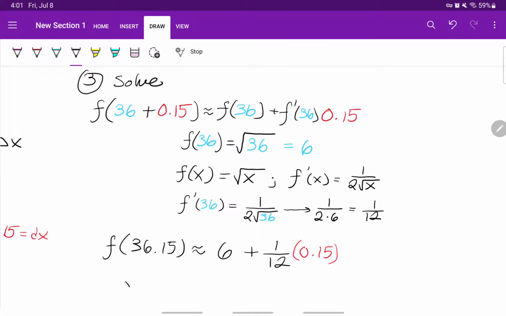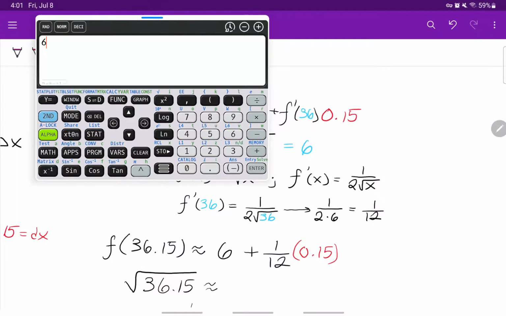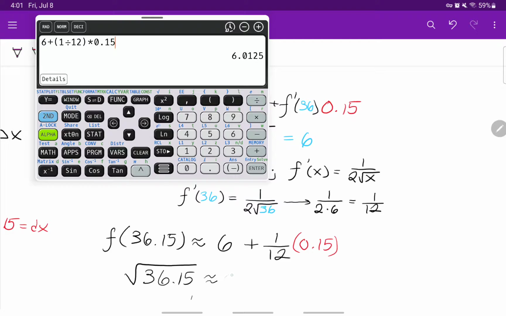So that means that the square root of 36.15 is approximately, well, let's use our calculator. And let's take 4 numbers after the decimal when we do this. That's times 0.15. That's approximately 6.0125.